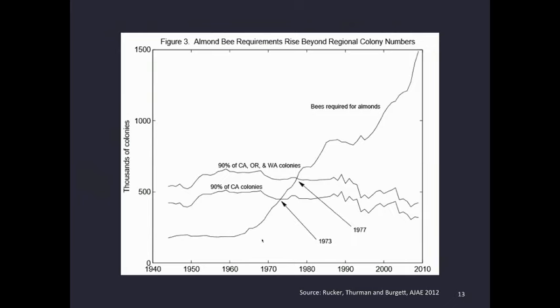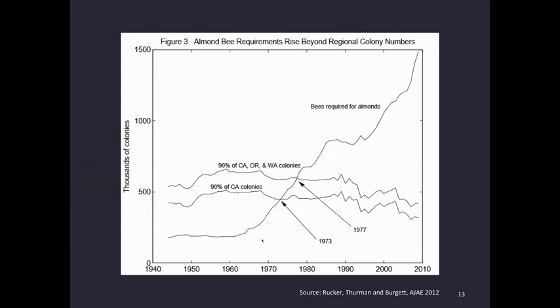Recent work by Rucker, Thurman, and Burgett from 2012, published in the American Journal of Agricultural Economics, demonstrates that knowledge of the market for pollination service and the value of managed honeybees in pollination is still being curated. They developed this figure to illustrate the market changes in pollination servicing over time.